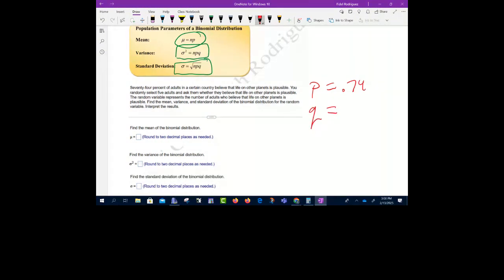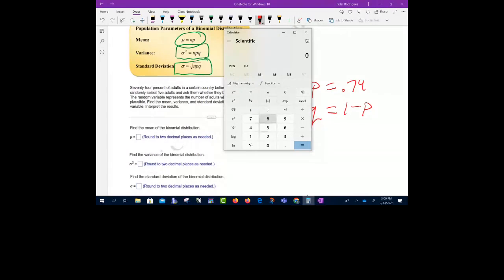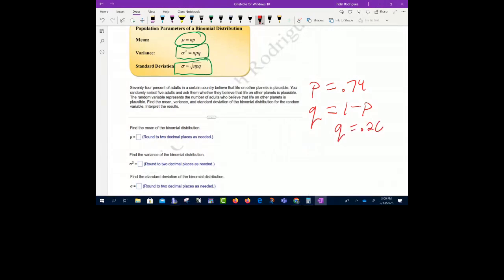Remember, the way we find our value for q is we're going to go 1 minus p. So if I were to say, what's 1 minus 0.74? My value of q would be 0.26. And then our value for n was, how many adults did we select? Selected 5, right?